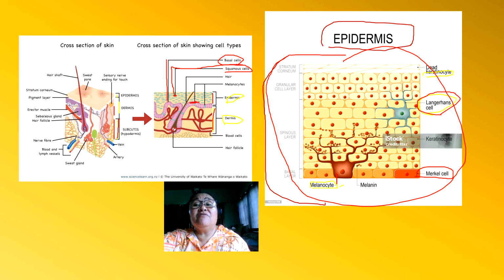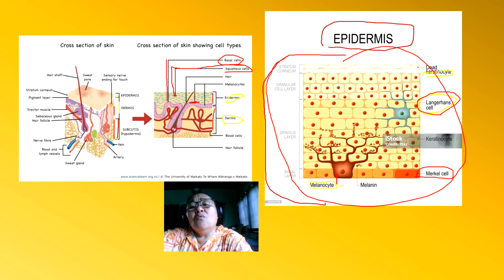Number 3, it prevents excessive fluid loss or dehydration. And number 4, it detects sensations such as touch, pressure, pain, and temperature. Next, it produces vitamin D when exposed to sunlight. And the last, the skin participates in immune defense against pathogens.